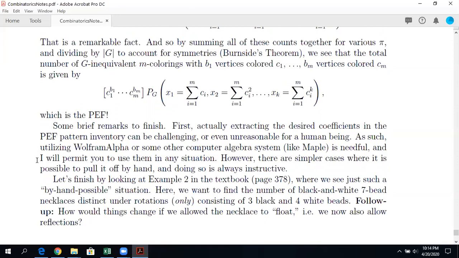Okay, I just want to remark on a couple of things. So first of all, extracting the desired coefficients in the PEF pattern inventory can be really a bear, right? I mean, we did the icosahedron example, and I don't know that it really would have been possible to do a lot of those things as a human being by hand unless it was very easy, like a number of colorings that have all yellow vertices or something, okay?